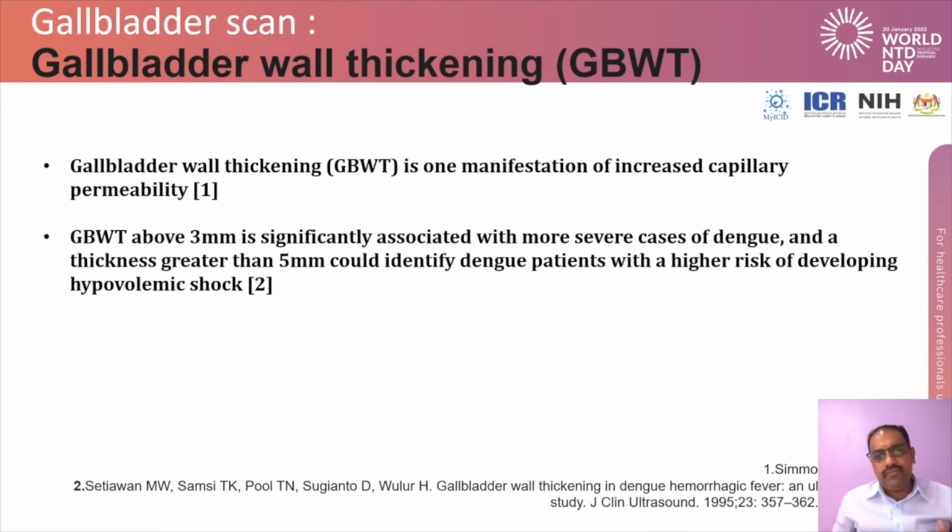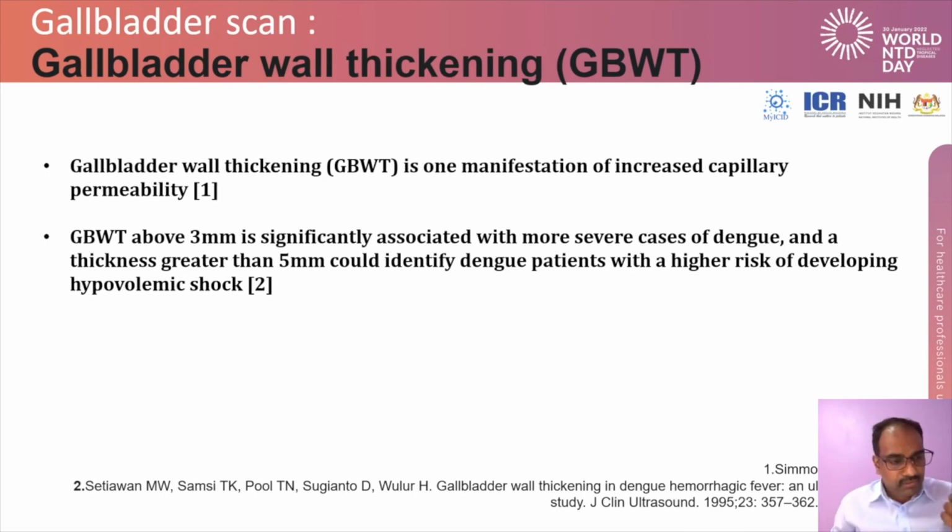It is a very sensitive measurement, and a lot of papers have shown that this is very significant to highlight patients leaking and shock, but this is not a very easy scan to do. Even if you ask me, I prefer to do an echo, IVC, lung scan, and also look at the kidney perinephric collection compared to the gallbladder, because sometimes it's not easy to scan and capture the gallbladder.